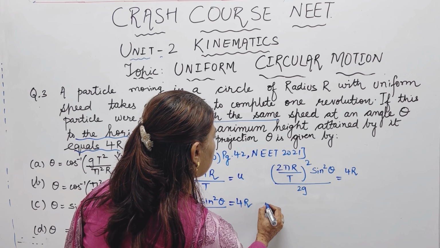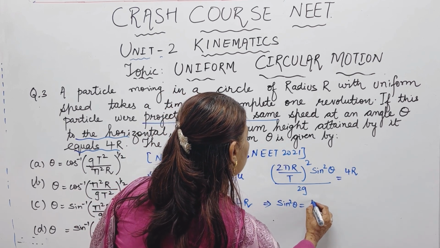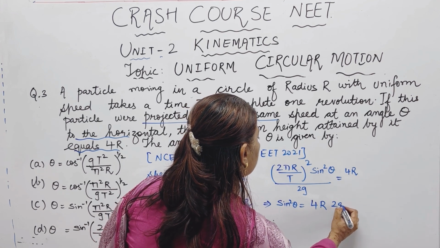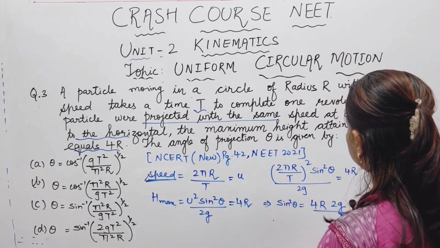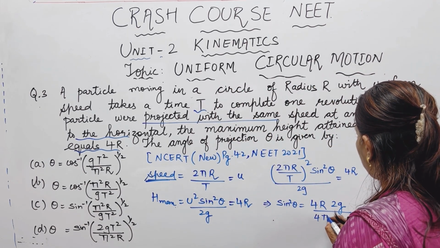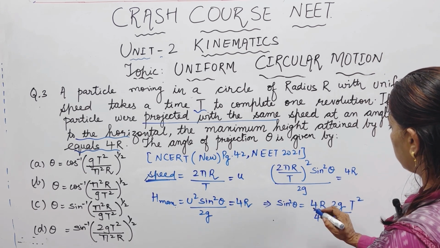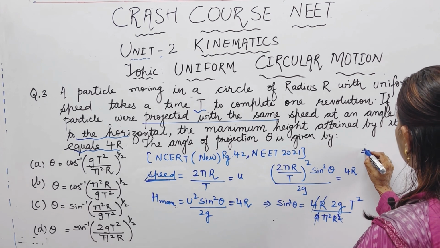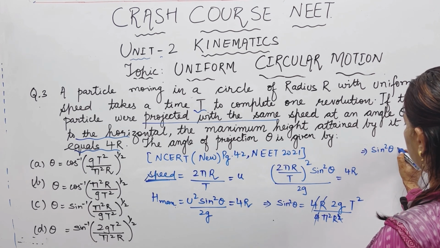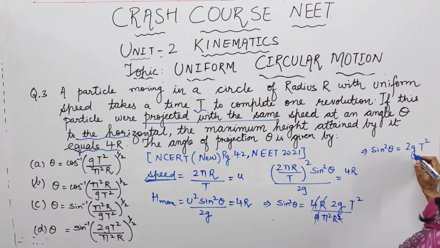So sine square theta is equal to 4r into 2g divided by 4 pi square r square upon t square. Here 4 cancels with 4. So sine square theta comes out to be equal to 2g t square by pi square r.